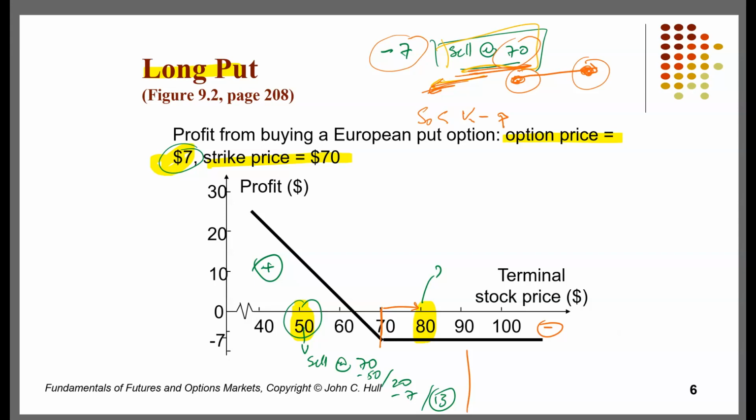Because exercising the option would mean that you'll be selling at 70 when you could be selling for 80. Why would you do that? So you would not exercise the option and you forego the $7 that you've paid, which is why the loss here is capped. The loss is capped to the $7 that you essentially have paid for the option contract.